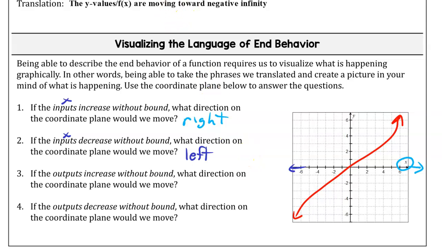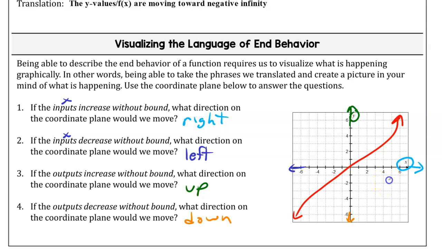And then we have outputs increasing without bound. Outputs would be the y, right? Increasing would be up. And then we have decreasing without bound, the outputs, so that would be going down. We have to know when we see these phrases what general direction we should be looking for the answer. Okay? So how we would say this in our language, right?